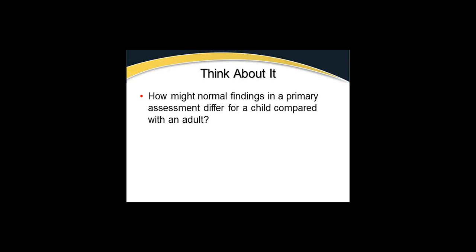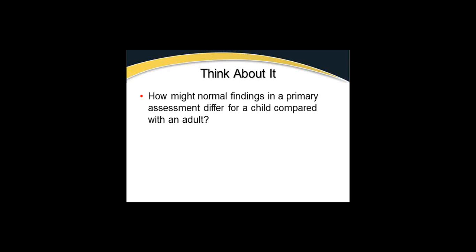So how might your normal findings in the primary assessment differ for a child compared to that of an adult? Patients are all different. If we have a child that is acting quiet and shy and reserved, it may simply be because of the situation they're in.